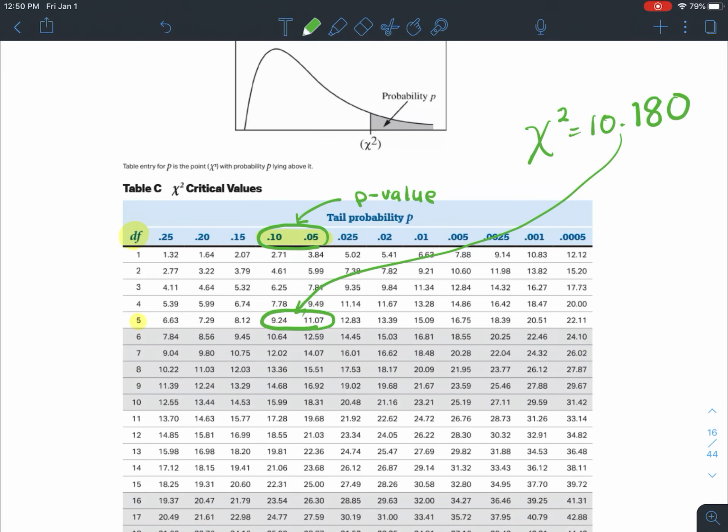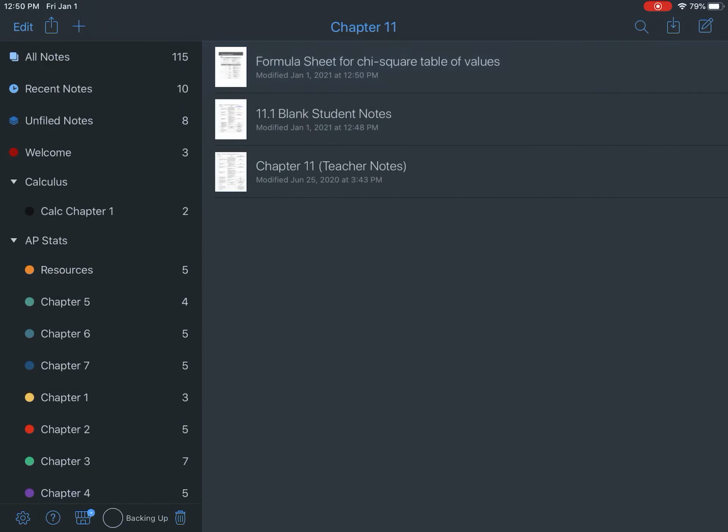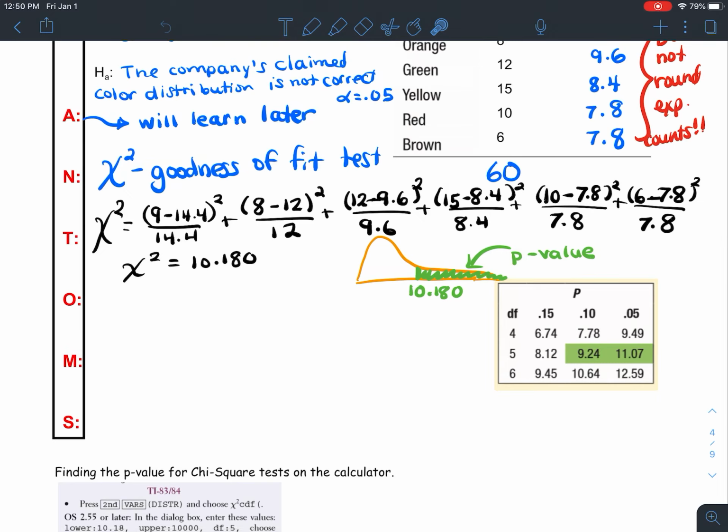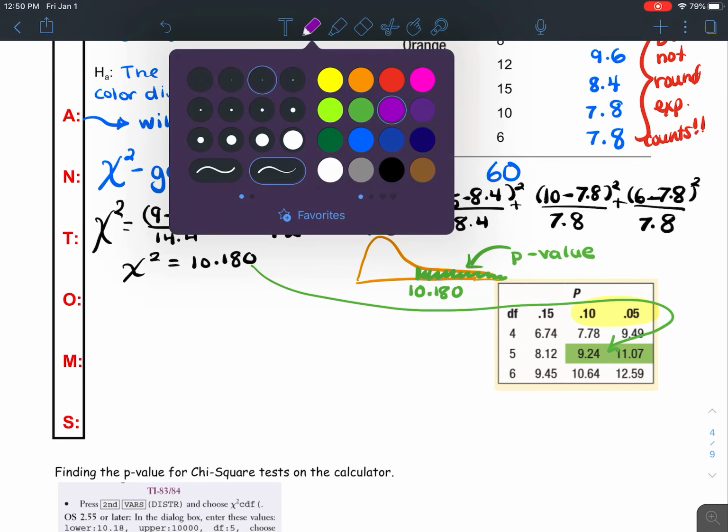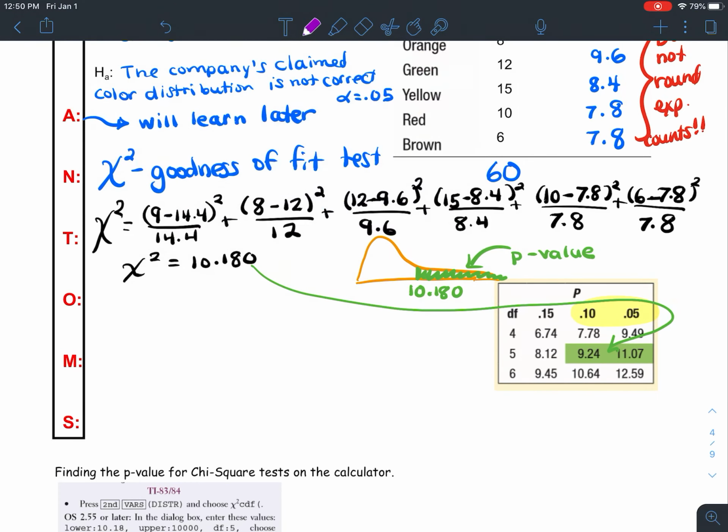Now you can see if I go back to that excerpt, I shaded that 10.180 falls in between those. That means your p-value is some number between 0.1 and 0.05. We don't exactly know what the p-value is when you use the table, but we know where it's at in between there. Okay, my preference is to use this feature on the calculator.